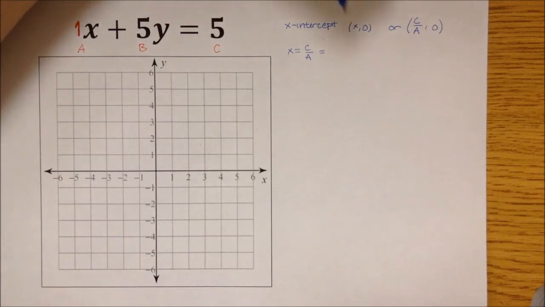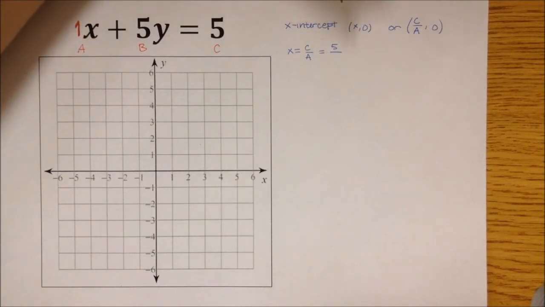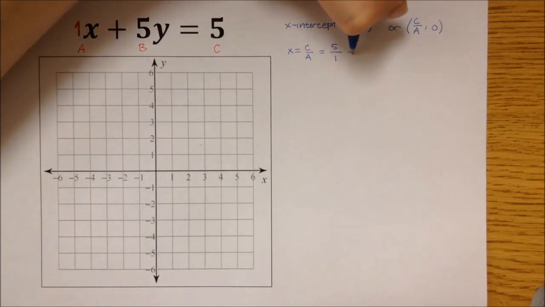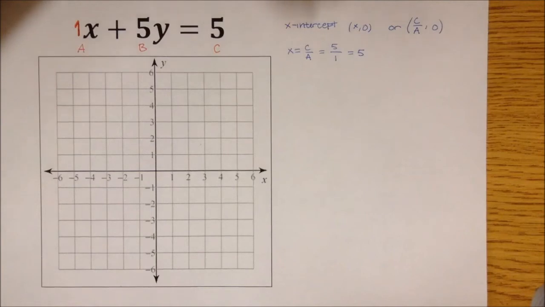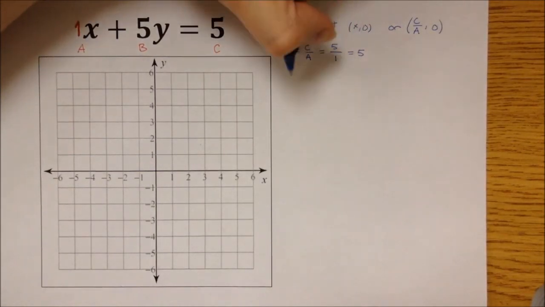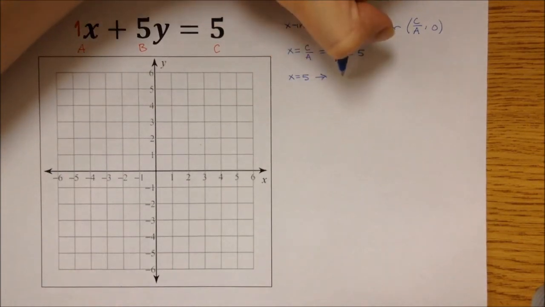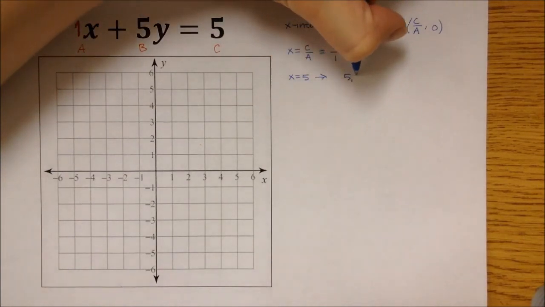So the value of our capital C is just 5. The value of capital A is just 1. So 5 divided by 1 is simply 5. So again, positive 5 divided by positive 1, positive 5. So x equals 5. Therefore, our coordinate point is 5, 0.